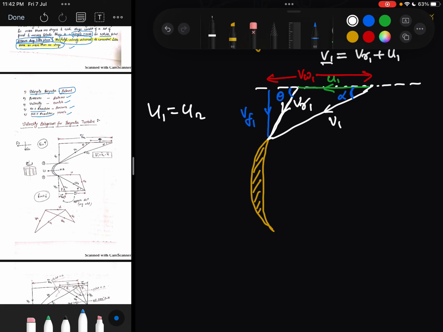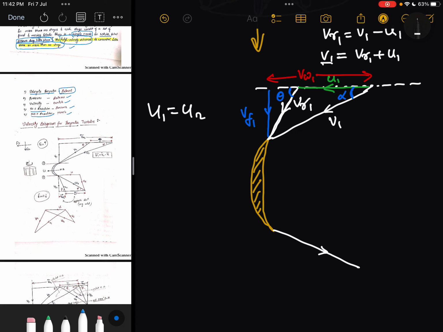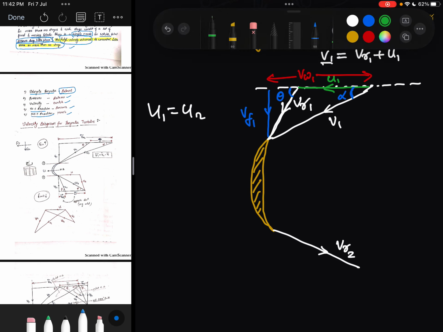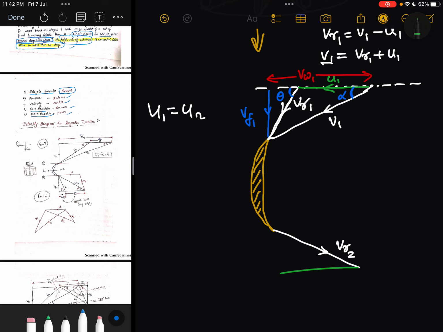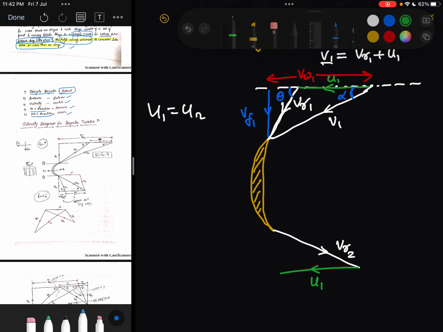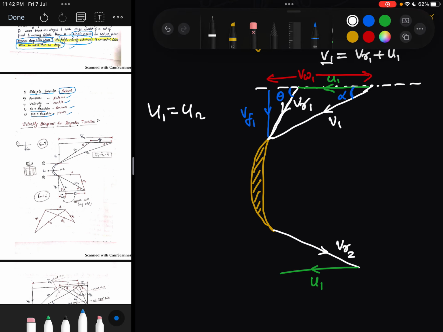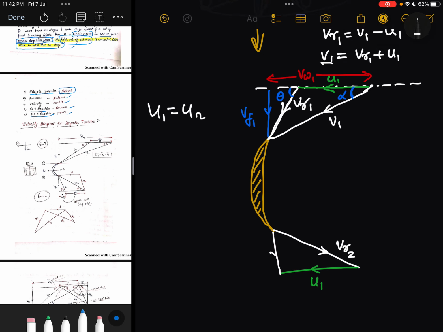Okay, so first of all, let's say it is our Vr1, Vr2, and when we add u2 in this, but u2 is u1, then we'll get V2.